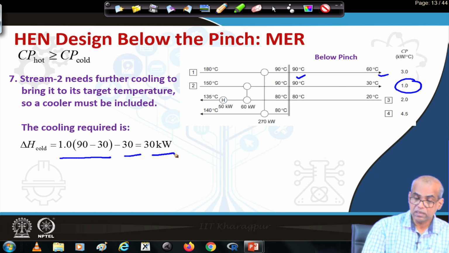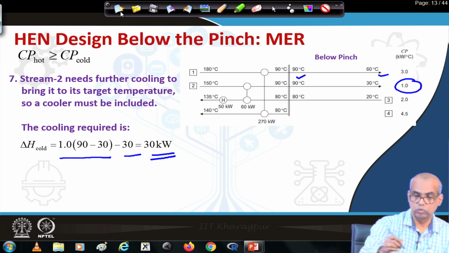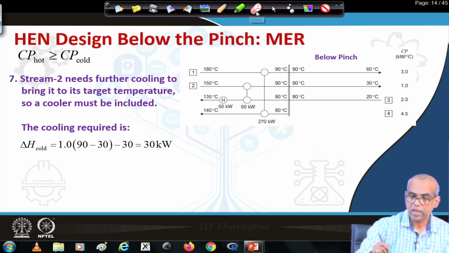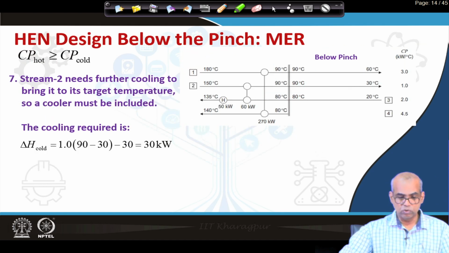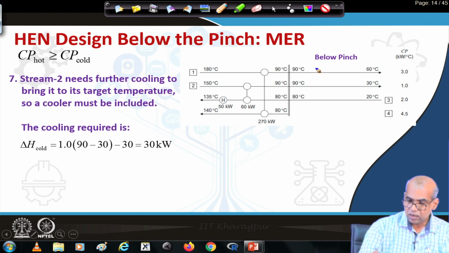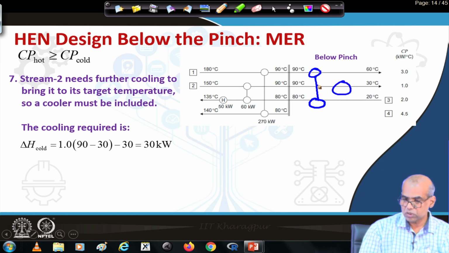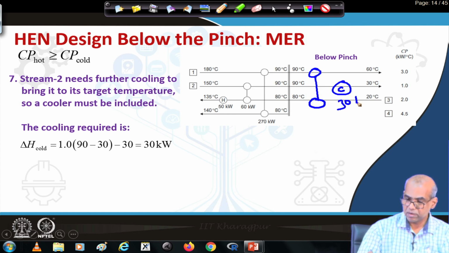So, an additional 30 kilowatt of heat removal or cooling is required on stream number 2. So, who will do that? We require a cold utility. So, a cold utility on stream number 2 is required, and that is to the tune of 30 kilowatt.